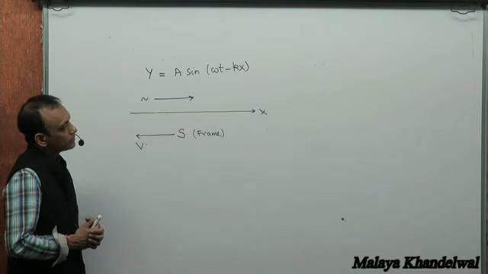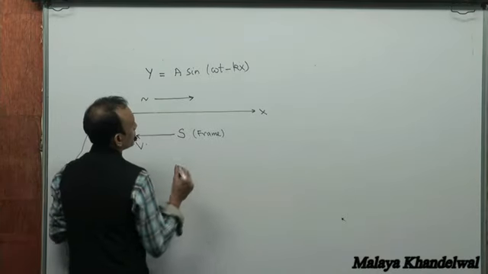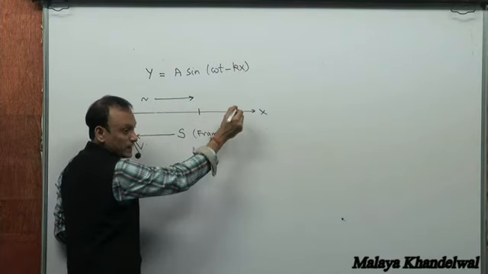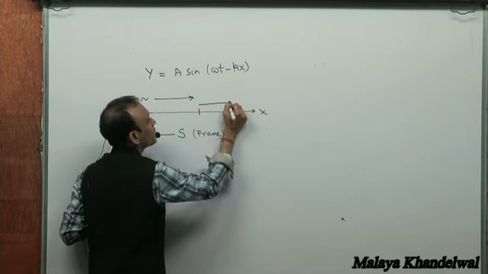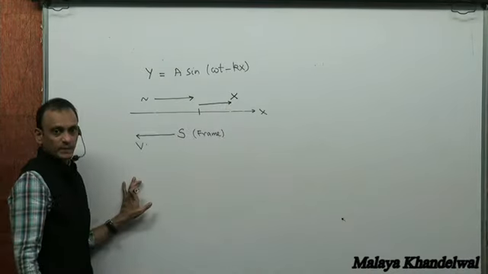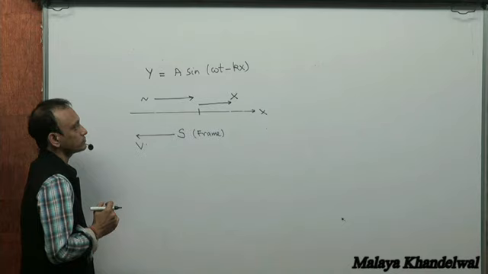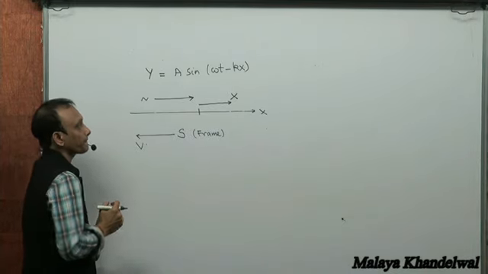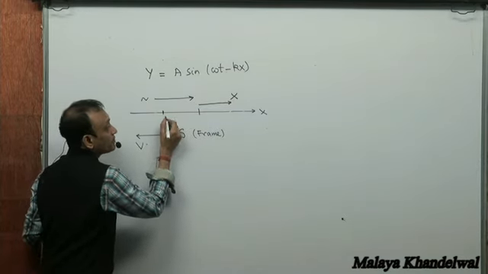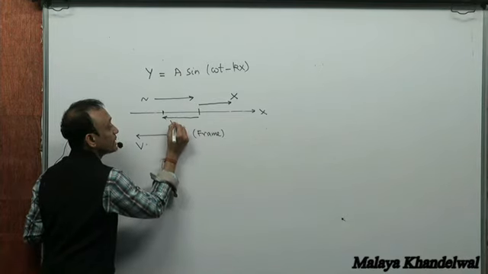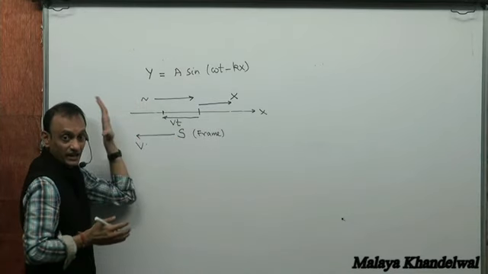Now, do you realize that if in a given time, with respect to the stationary frame, with respect to the stationary medium, the disturbance propagates by an amount x, then with respect to the frame S, the frame S would have traversed a distance in the same time which is vt. The frame S would have traversed in the same time a distance vt away, right?